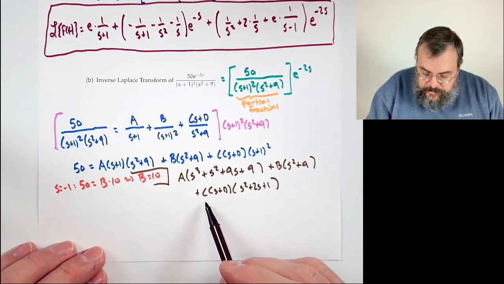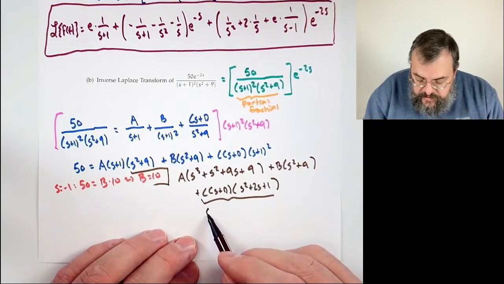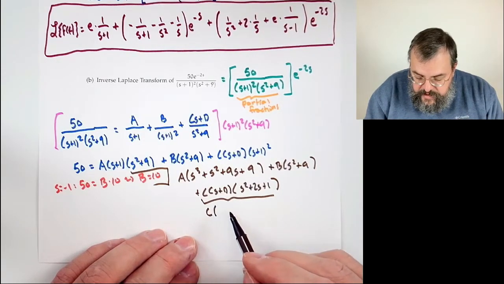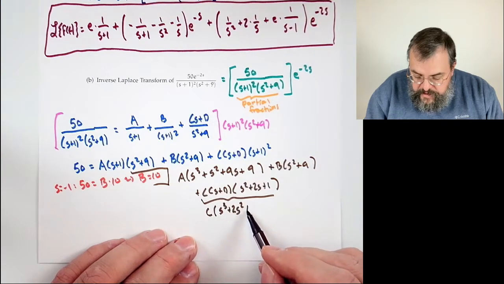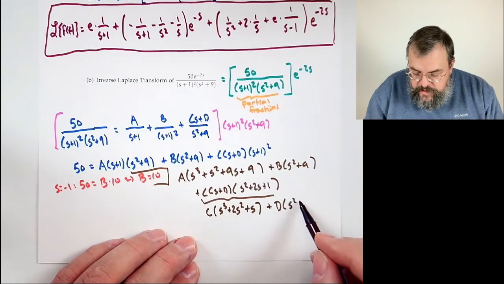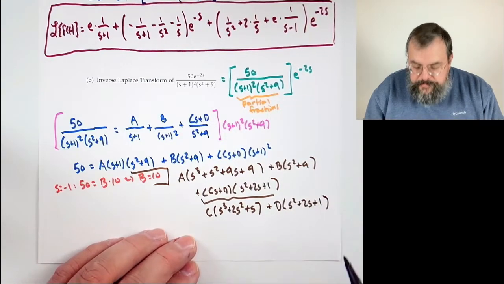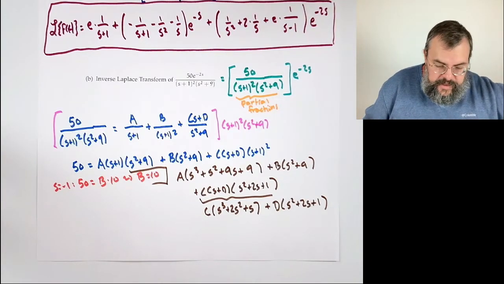Well, let's keep this piece going. So that would be c times s cubed plus 2s squared plus s, and d times s squared plus 2s plus 1. All right. And I'm about to run out of space here.